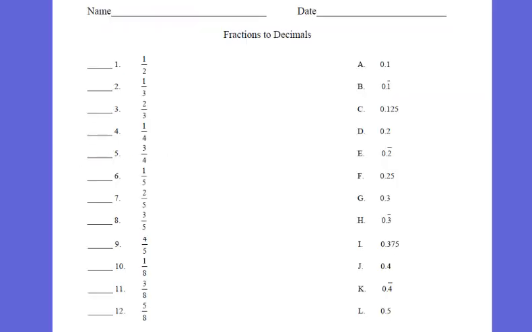You're going to receive a paper that's like this. If you are doing this online, then you'll do this through the assignment that I will send you through Google Classroom, and there's a form that you're going to fill out. You'll notice this is multiple choice. You'll take this fraction right here, type it into the calculator, and look for the decimal equivalent over here.